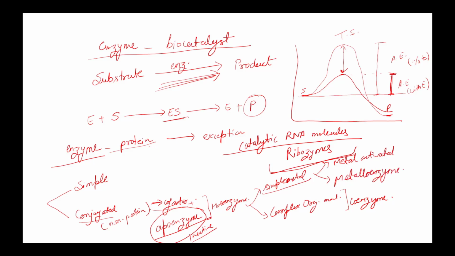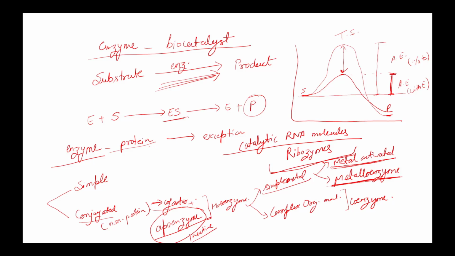In the metal activated enzyme, the enzyme binds to the metal loosely for the activity, while metalloenzymes are tightly bound to the metals even in the native form to stabilize the structure, and that's how the enzyme functions. So here is the loose bonding with the metal, and here tightly bound metal is used, and the enzyme remains like that only in the native metalloenzyme form.